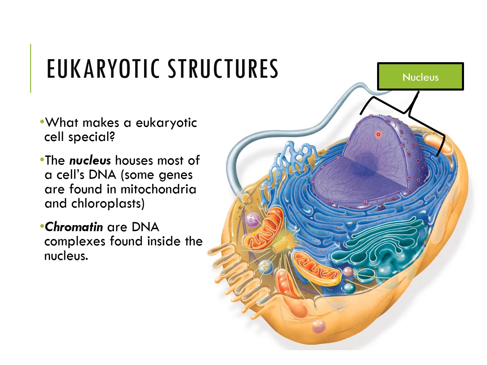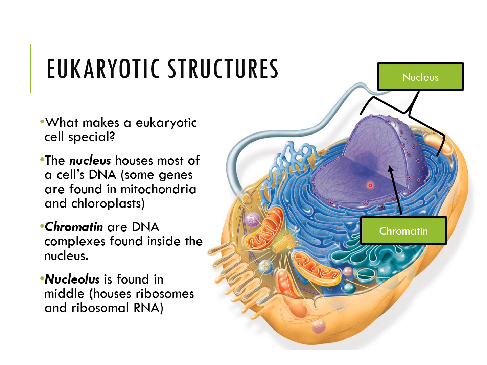So chromatin, or DNA structures, are found in the nucleus. The chromatin is just the long strands of DNA. The nucleolus is in the middle of the nucleus, and that is where ribosomes are made before they get shipped out to the rough endoplasmic reticulum.